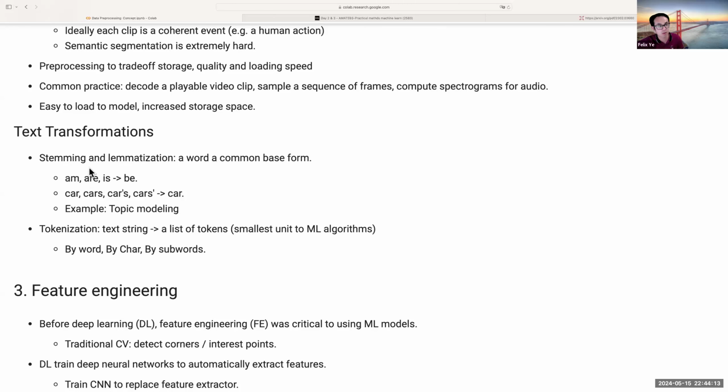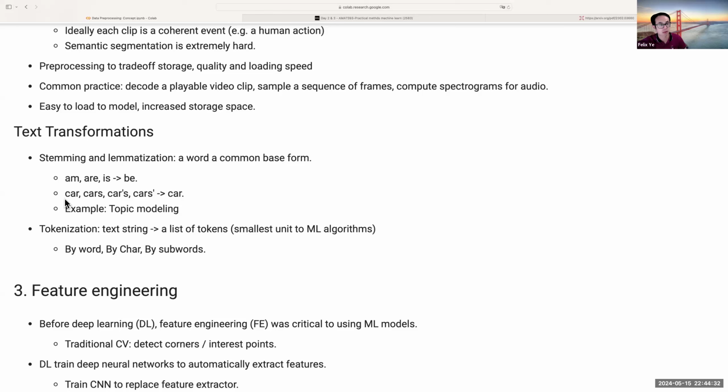But one thing we can think about is text, for example, descriptions of houses, and you can do some tokenization. That means you turn the text string into a list of tokens, for example by word, by character, or by subword.